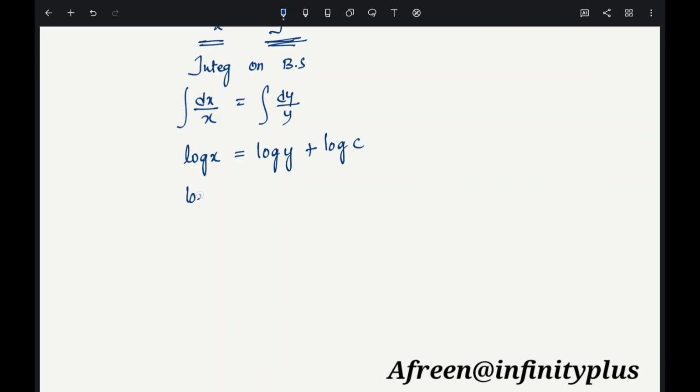So we will get log x is equal to log y into c. So log will get cancelled on either side. x is equal to yc. So in simple words, you will get x by y is equal to c as the general solution of this differential equation.